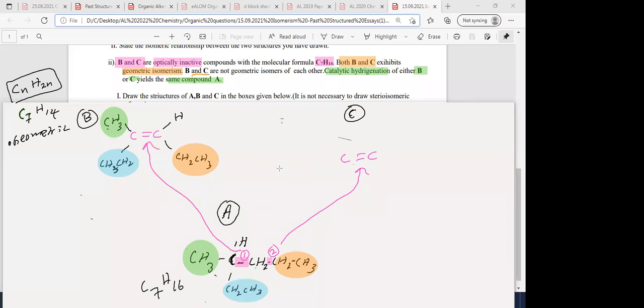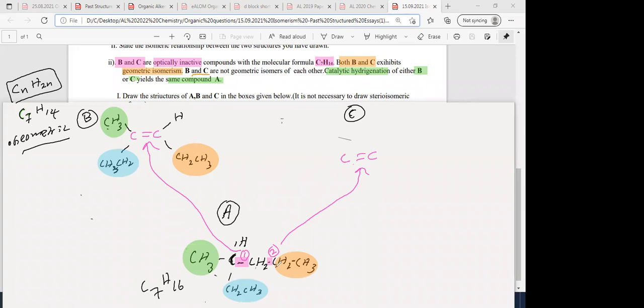See the way I started from the product. From where did I start? From A itself, because they are telling both B and C give A. So I drew structure A again, and then from that I predicted B and C. To satisfy geometric isomerism, there must be two different groups attached to each carbon of the double bond.